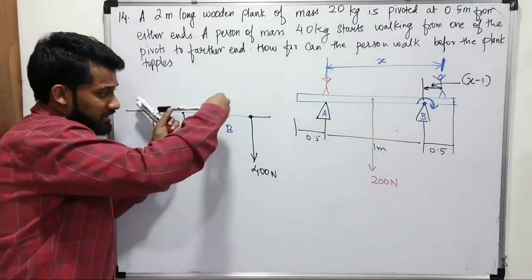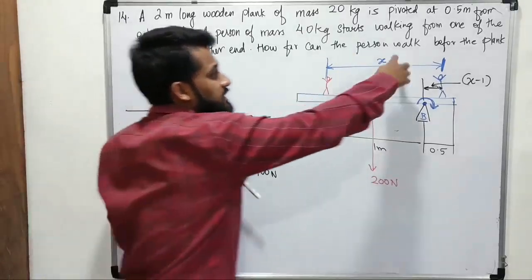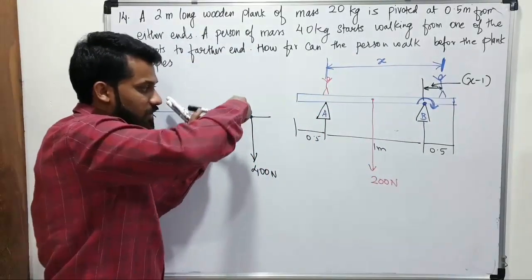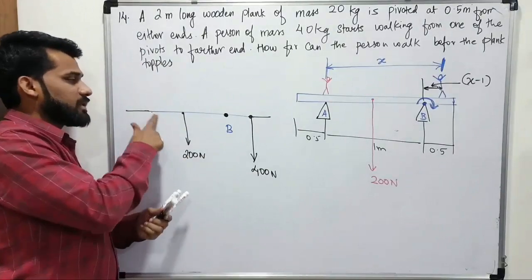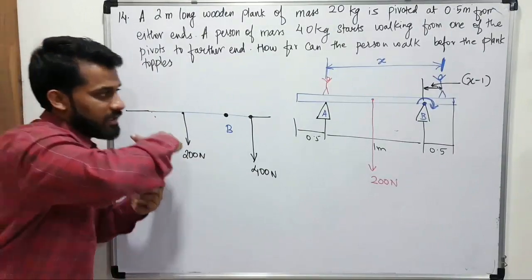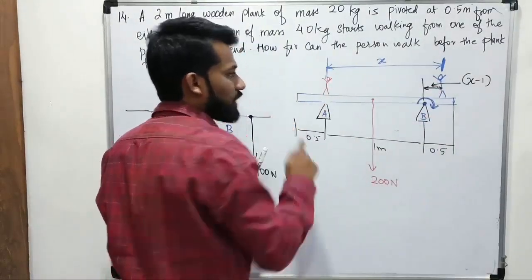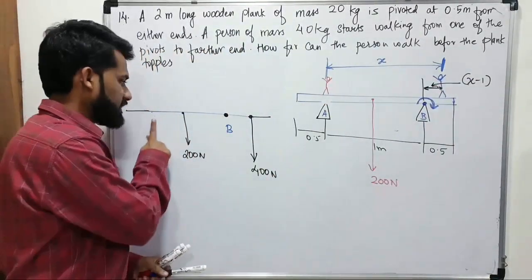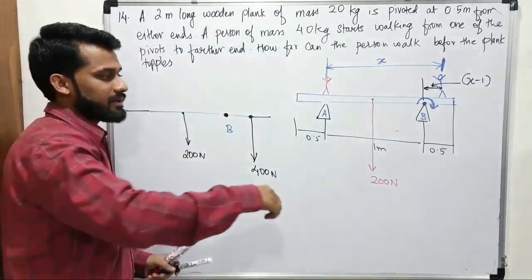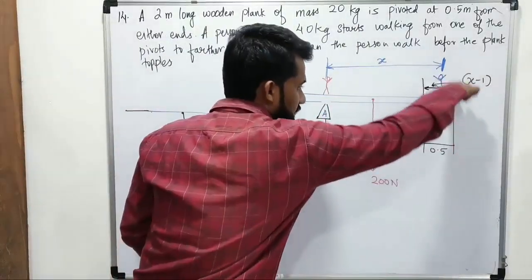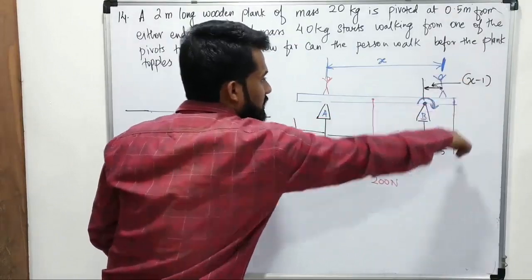But the moment the person goes to distance x, when the plank is just about to topple, this force will become 0, because it will just lose contact from A. When it starts rotating, it will lose the contact. So there is no reaction force. Only two forces will act: the weight of the plank and the weight of the person.